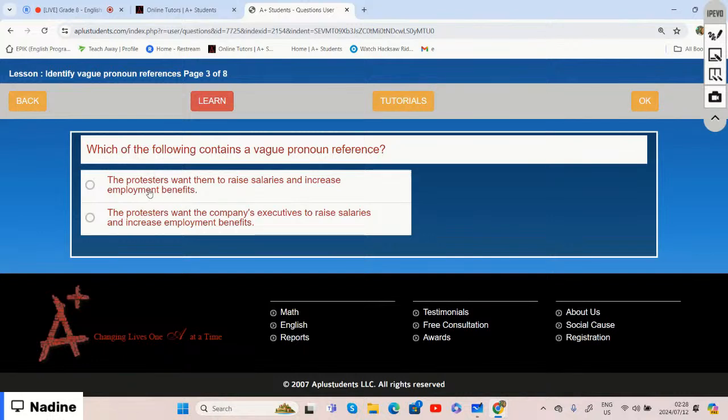It says, the protesters want them to raise salaries and increase employment benefits, or do we say the protesters want the company's executives to raise salaries and increase employment benefits? We need to choose the vague pronoun reference.